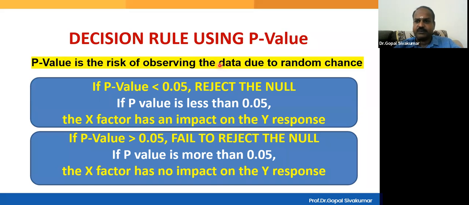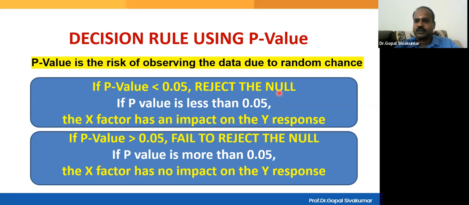Always the level of significance is 5%. That means the tolerable type 1 error is 5%. So I will always believe my data only when my p-value is less than 0.05. The decision rule using p-value is: if p-value is less than 0.05, I will reject the null. Otherwise, I don't reject, because when p-value is more than 0.05 and still I reject, my type 1 error will be more than 5%.